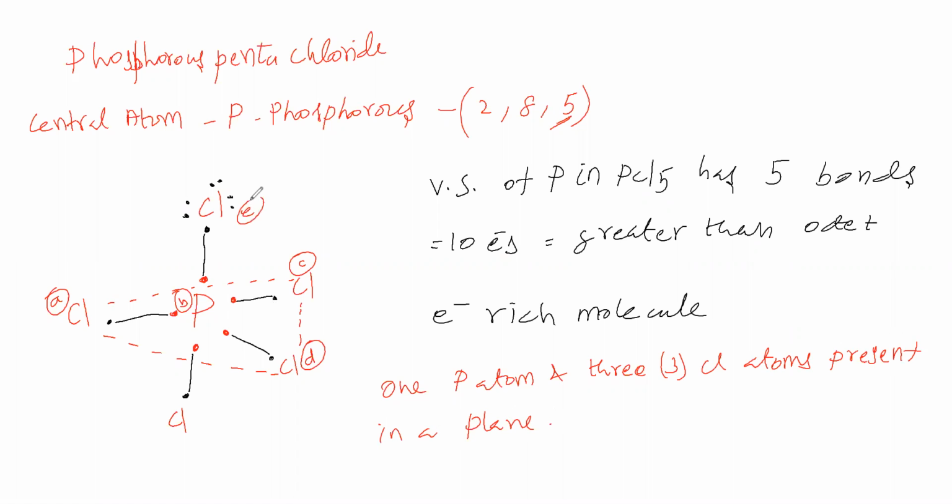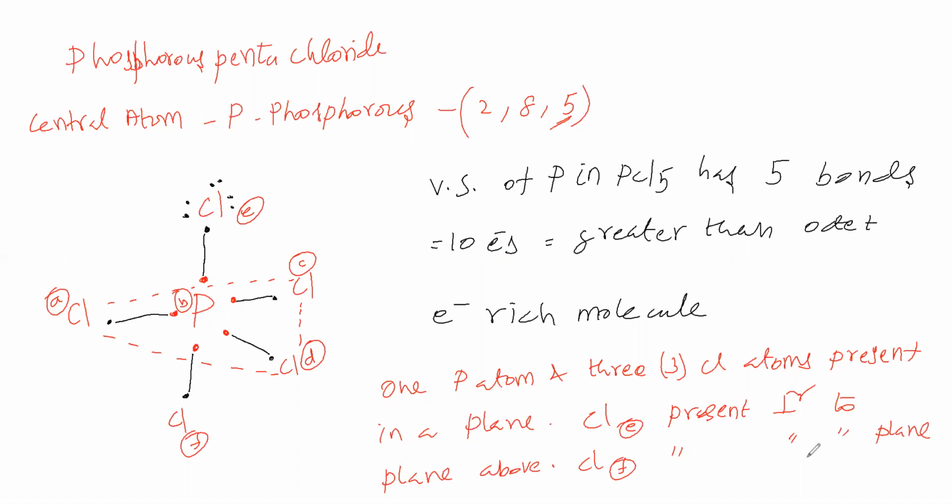Then this E, chlorine atom E, is present perpendicular to the plane, above. This F, chlorine atom F, is present perpendicular to the plane, below.